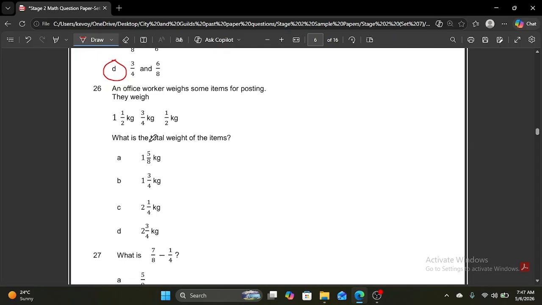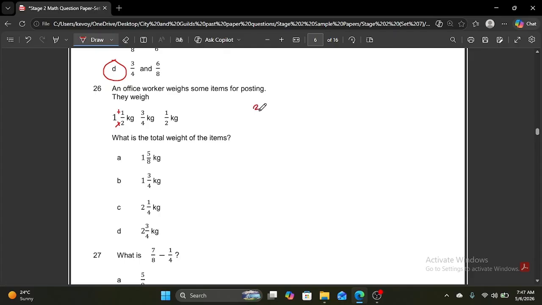What is the total weight of these items? First thing I'm gonna do is convert this mixed fraction into an improper fraction. I just prefer to do it that way. Whenever we convert mixed to improper, you multiply and then add. So 1 times 2 is 2, 2 plus 1 is 3. So we're gonna have 3/2.